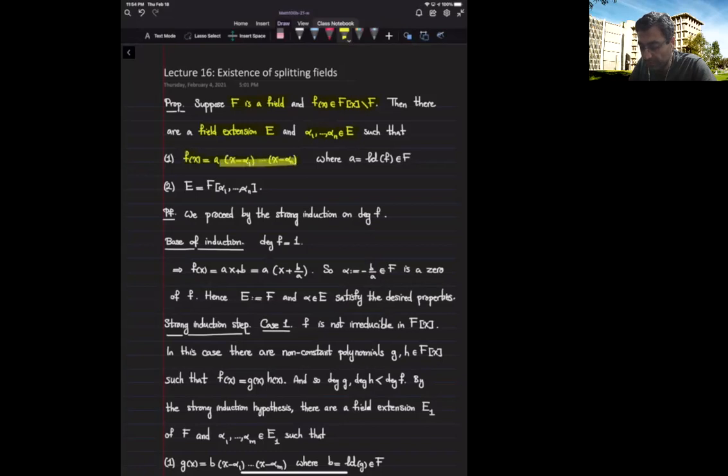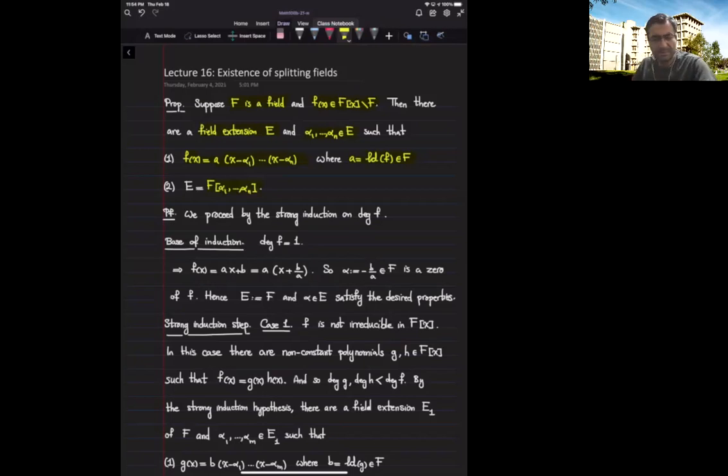So I can write down f as a product of these linear factors, possibly with the leading coefficient a, because these polynomials are monic, but f itself is not necessarily monic, so I need to multiply this product by this leading coefficient. And second, E is generated by F and the zeros alpha i's.